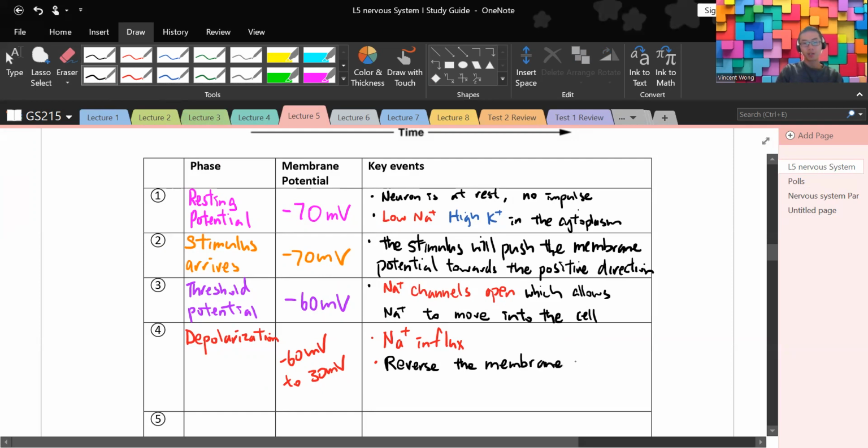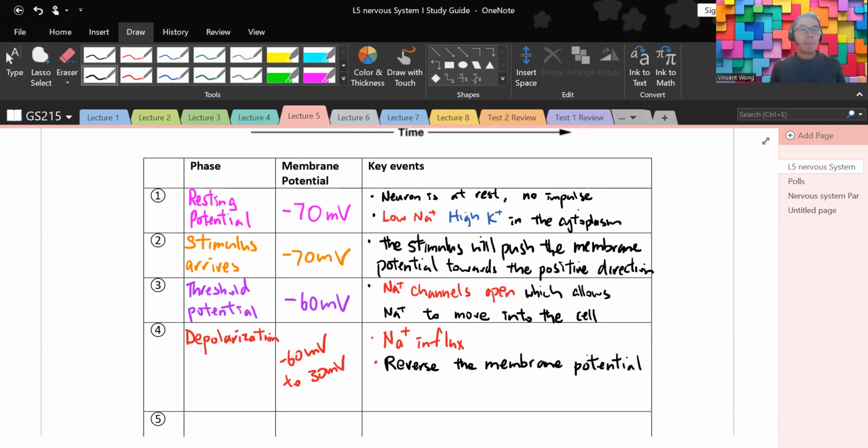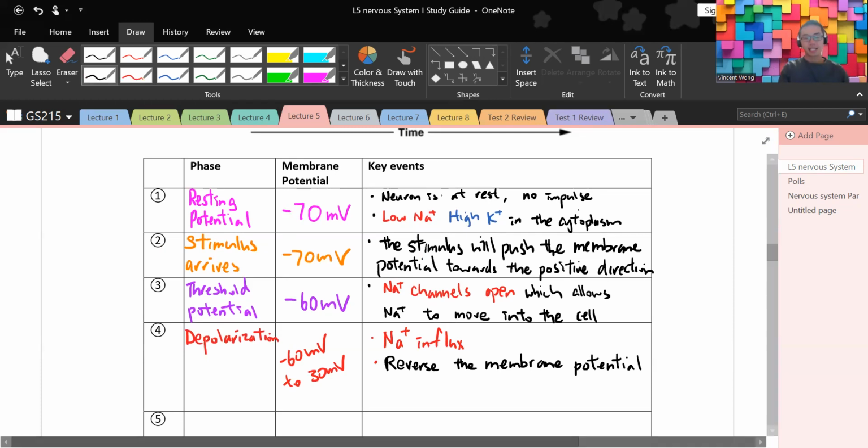The membrane potential was negative initially, but now you open all these sodium channels and the sodium comes in, it will flip, it will reverse, it will become more positive on the inside. And this will continue to happen until 30.